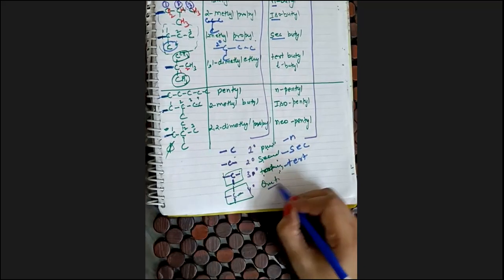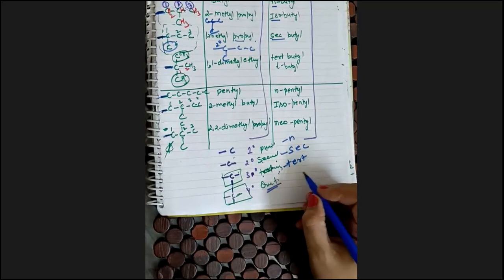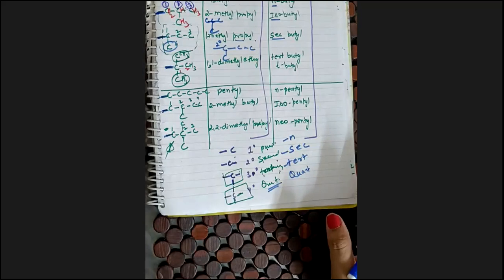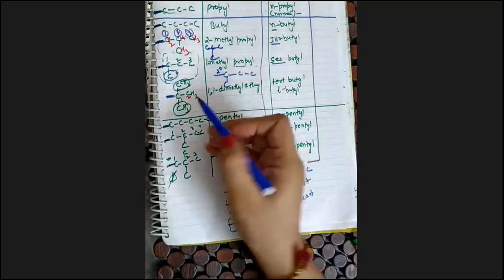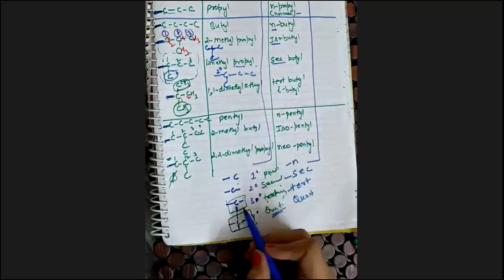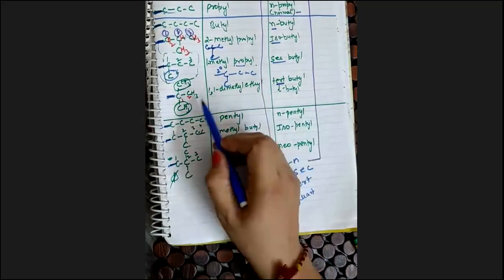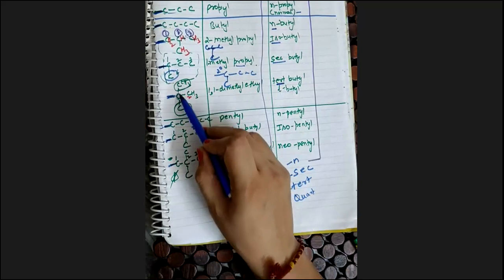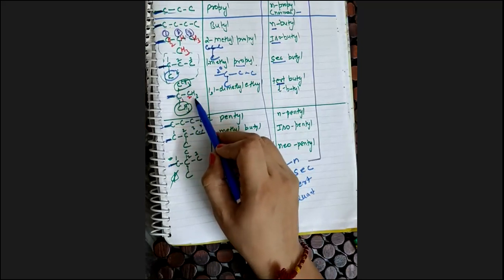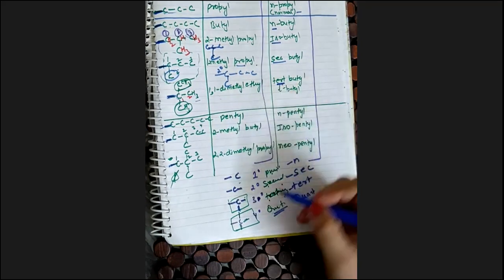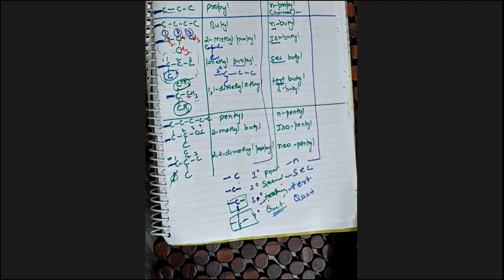And for quaternary, this type of arrangement you will see rarely, but if you see it, this will be known as quad. Clear? Okay. Whenever you see this type of arrangement, this is known as tertiary, tert. So carbon from 3 sides is surrounded by CH3 groups, carbon chains. So at that time this is a tertiary type, that is why we use tert here.